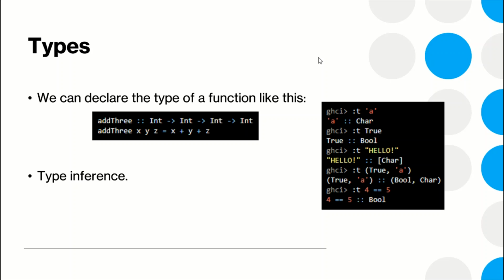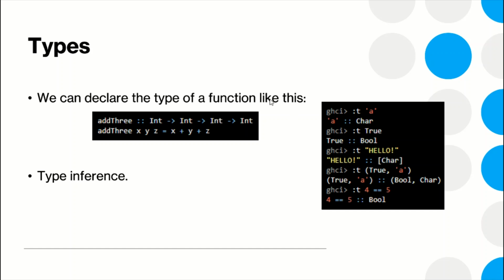Then we have the types. We need to remember that Haskell is typed but not a strong type. So we can declare the type of a function also, because functions have types. We can do it like this: we set the function name, we put this symbol, two colons, and then we set the types of the parameters.